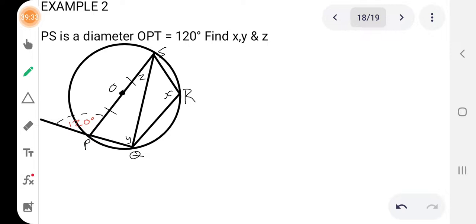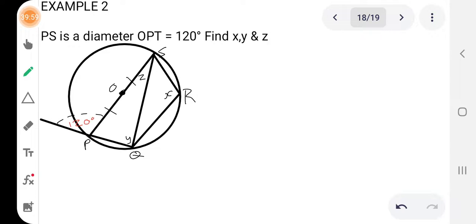Okay, this one they need to find x, y and z. They say PS is a diameter, angle OPT is equal to 120 degrees. So find x, y, and z.